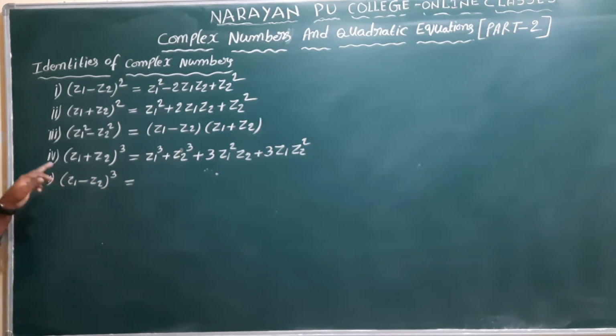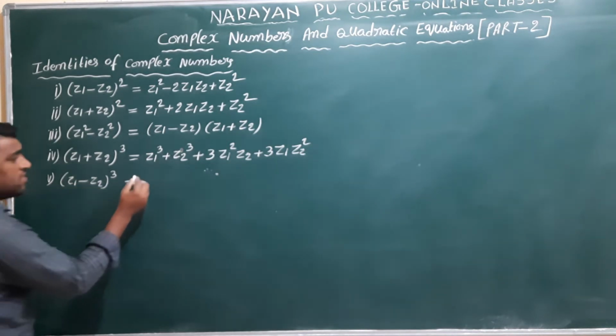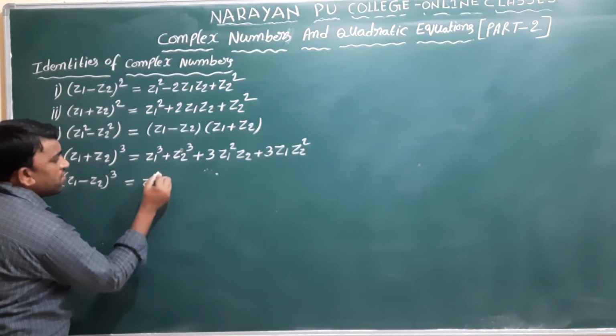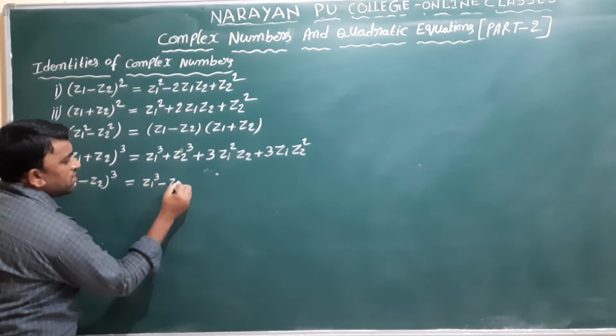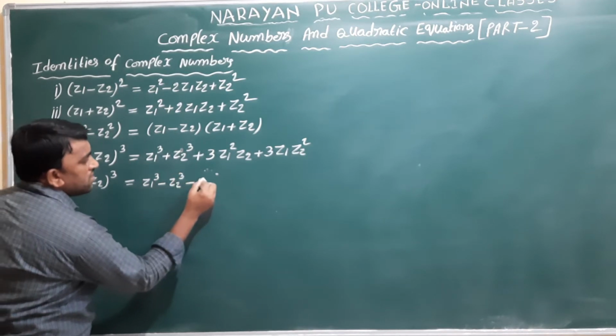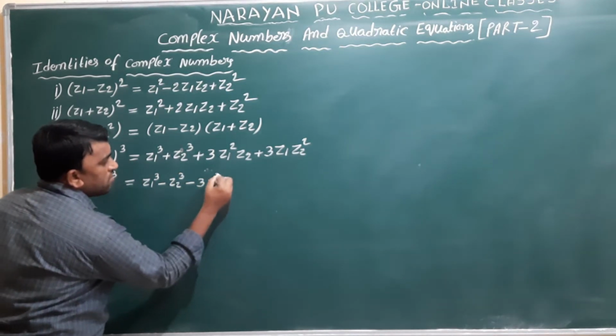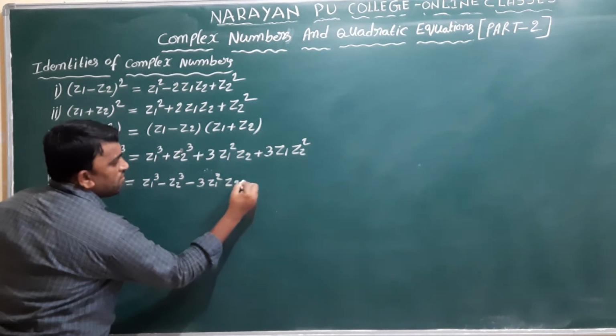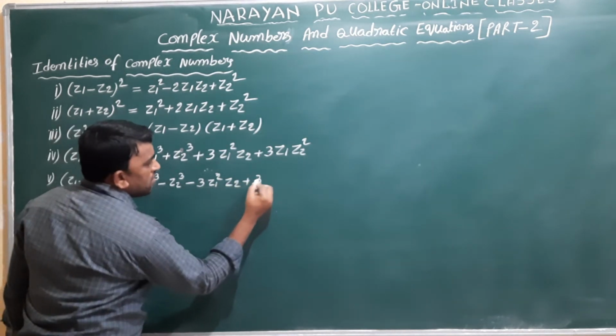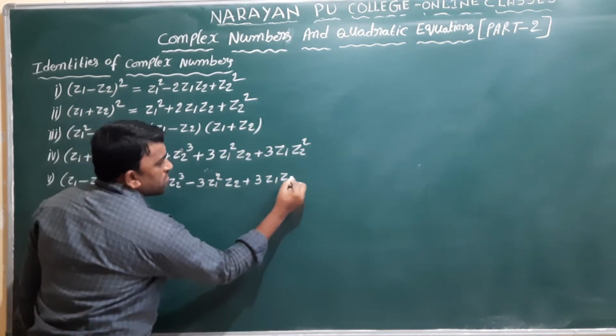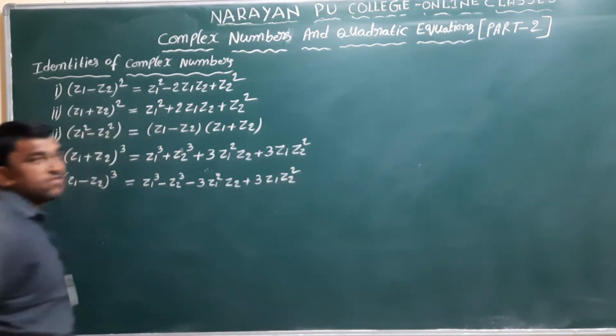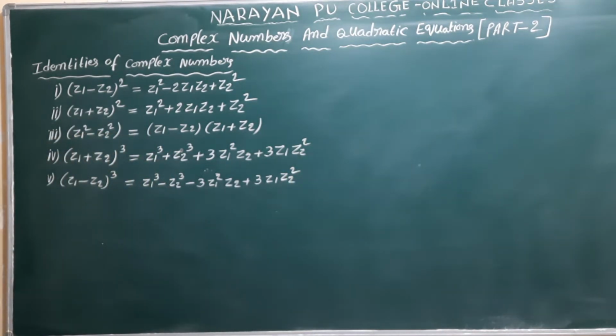In the same manner, in place of a b, z1 and z2 is there. z1 cube minus z2 cube minus 3 z1 square into z2 plus 3 z1 into z2 square. Like that, whatever there in the identities in the algebra, same manner we can apply in the complex numbers also.